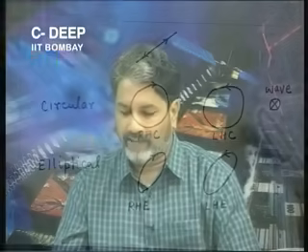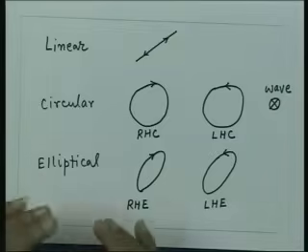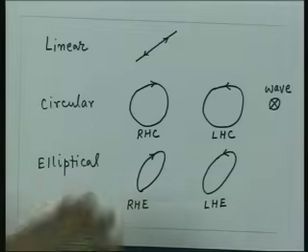So, now if we define analytically certain parameters of the ellipse, we can actually capture what is called wave polarization by some analytical quantities or the parameters of the ellipse.